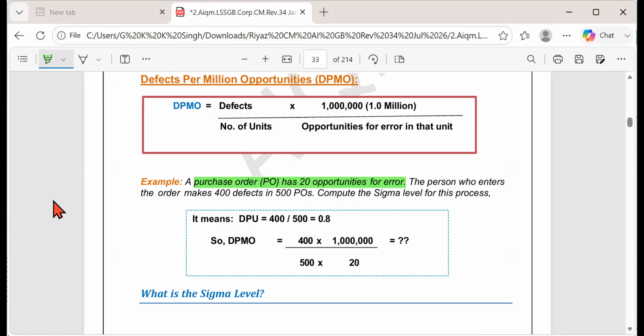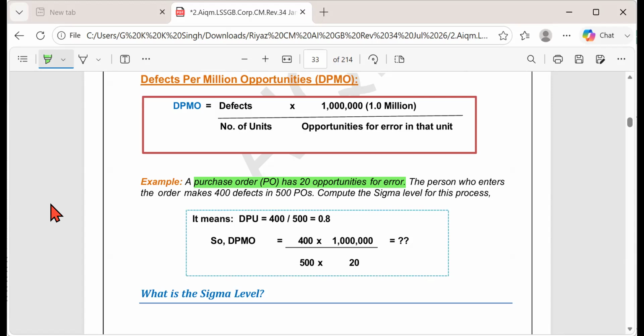So can you tell me what are the mistakes which can happen while doing the data entry of a purchase order? Just imagine. Clerical mistakes, yeah, but clerical is a general word. What are the mistakes which can happen?